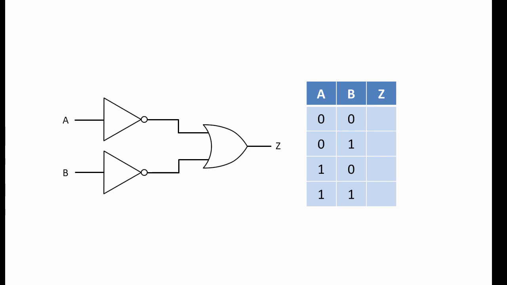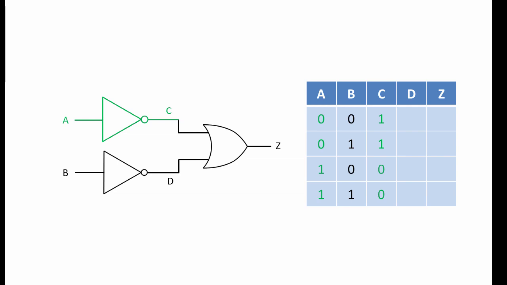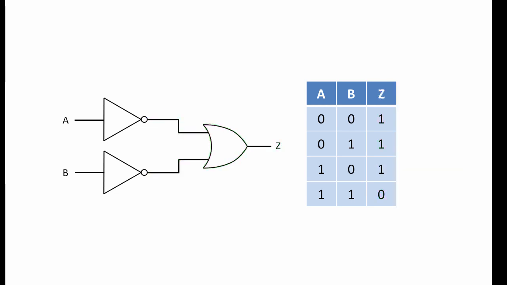To produce a truth table for this combination, it's useful to consider points C and D. Each value of C is simply the inverse of each value of A. Each value of D is simply the inverse of each value of B. And now that we have values for C and D, we can combine them through an OR gate to give us each value of Z. Here's our truth table. You can ignore C and D now.